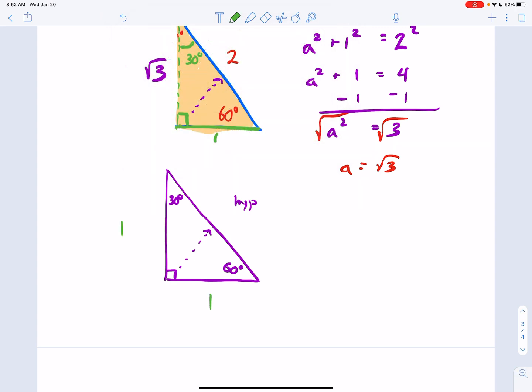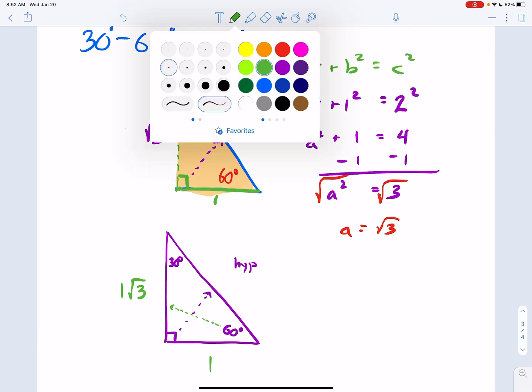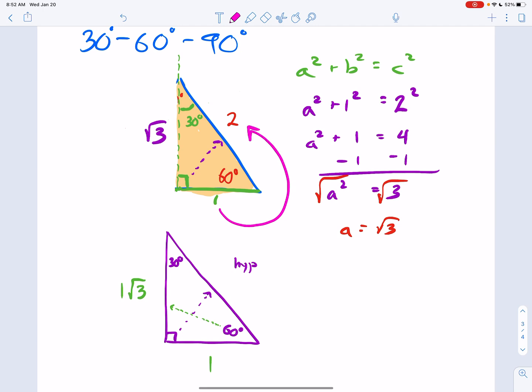Okay? But here's where you guys got to pay attention. Opposite of the 60 has the extra radical 3. Okay? What we see from here, I'll put it in pink, the hypotenuse is always double the short leg.